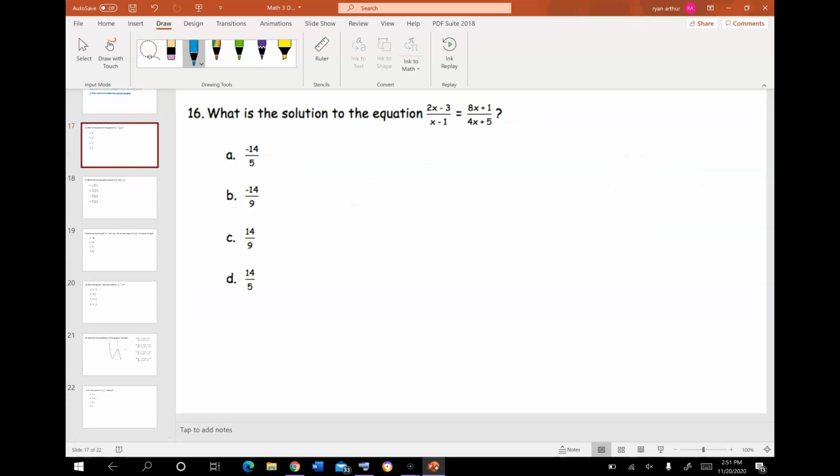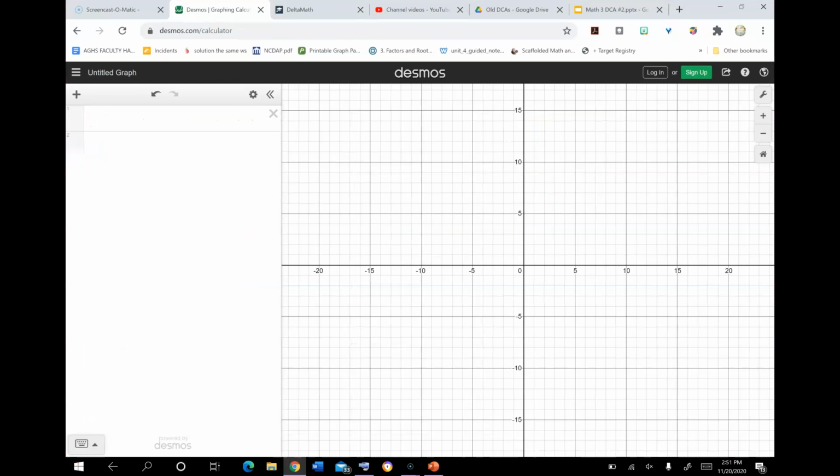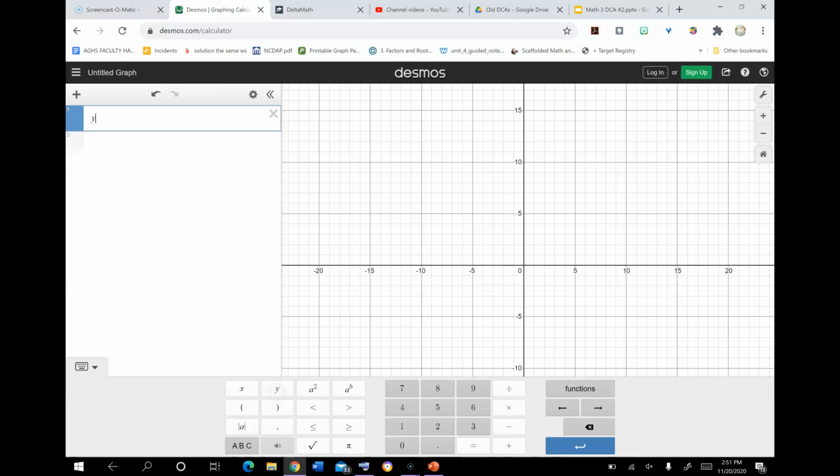All right. Next one, what is the solution? Remember when you're solving an equation, the left-hand side is line 1, the right-hand side is line 2, and you see where they intersect. So let's go back to Desmos. Line 1 is the left-hand side, which is going to be 2x minus 3 divided by x minus 1.